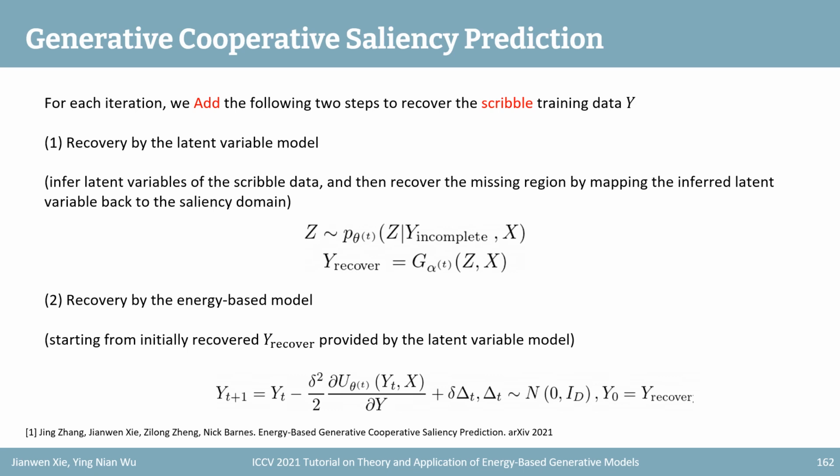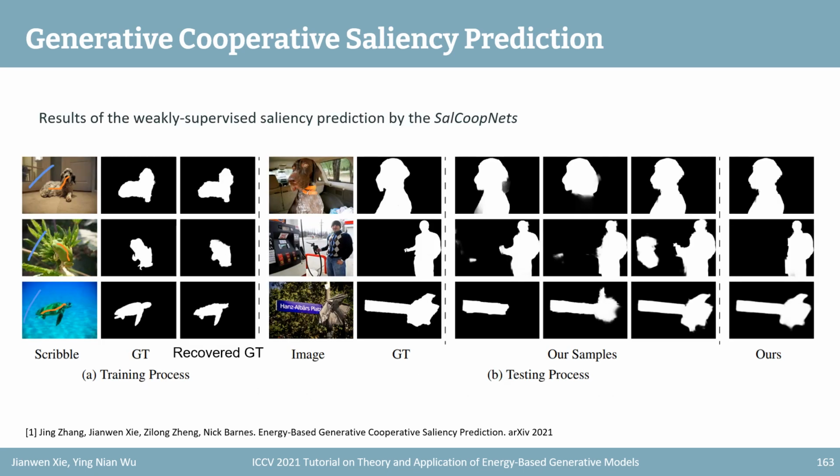The model update steps are the same as before. These are the recovery results and the prediction results. The algorithm can recover the missing annotations while training, and the trained model can output reasonable stochastic saliency maps.